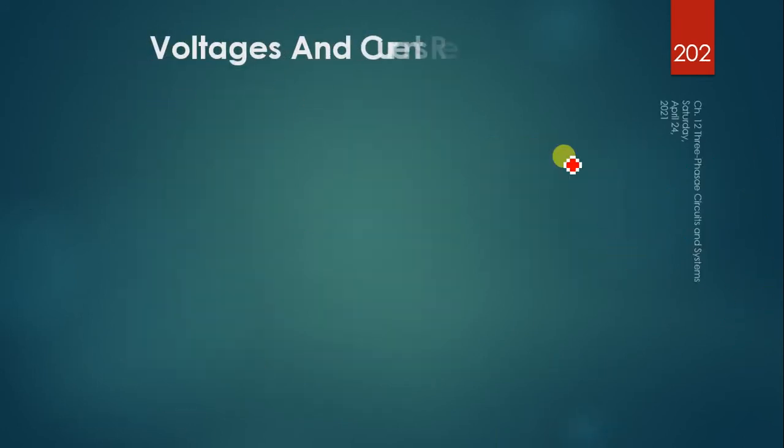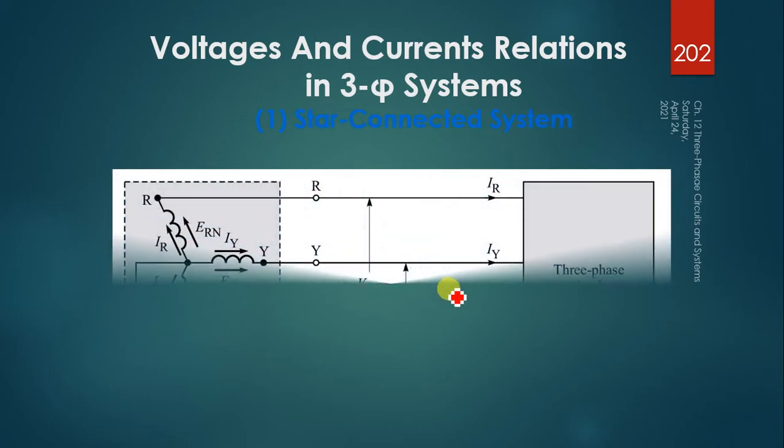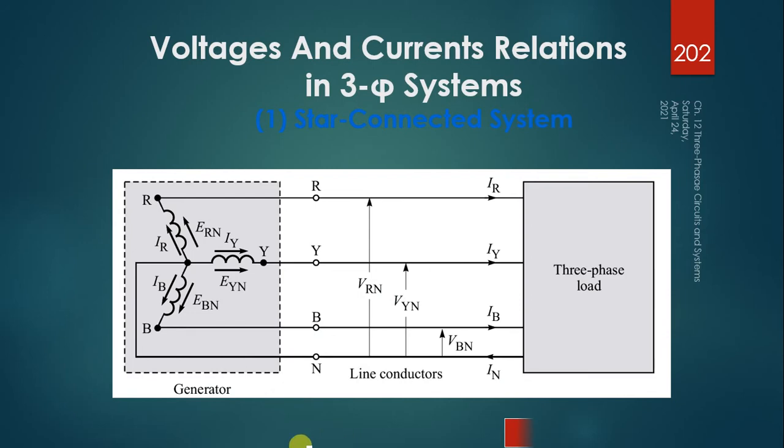Similarly, voltages and currents, how they are related. In star connected systems we have already discussed how the voltages will be there. We have voltages as VRN, that is between R and neutral, VYN between Y and neutral, VBN between B and neutral, that is blue and neutral.